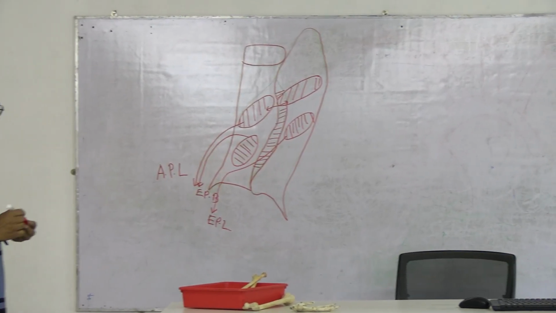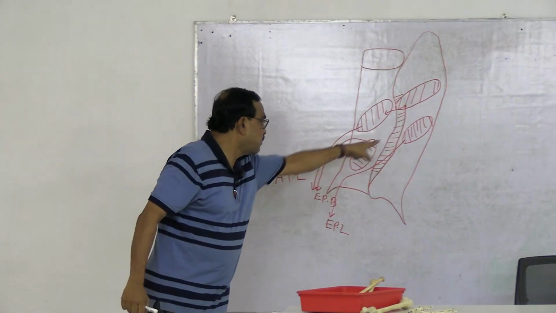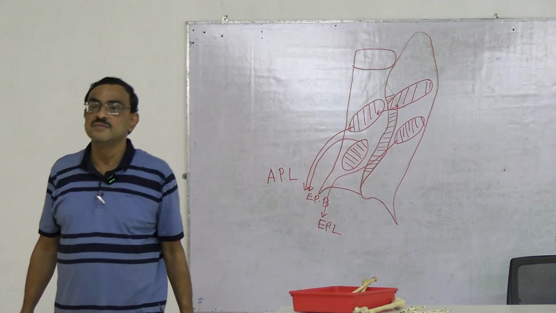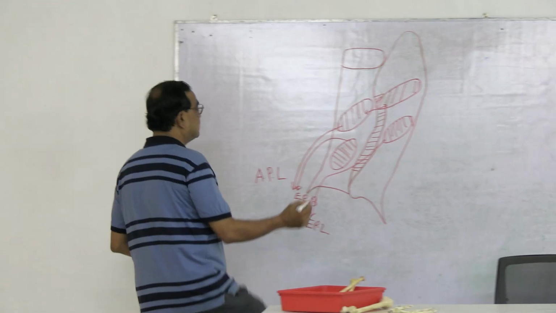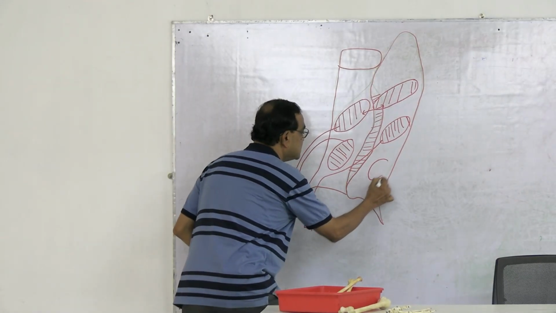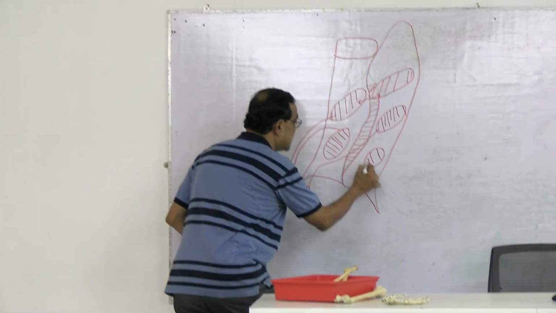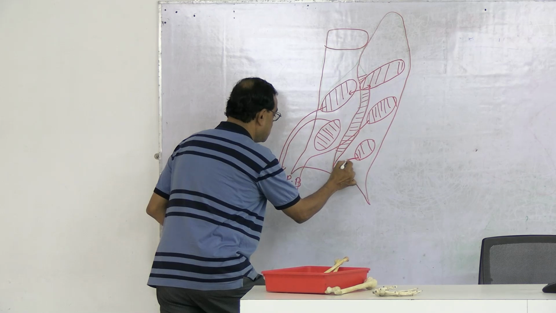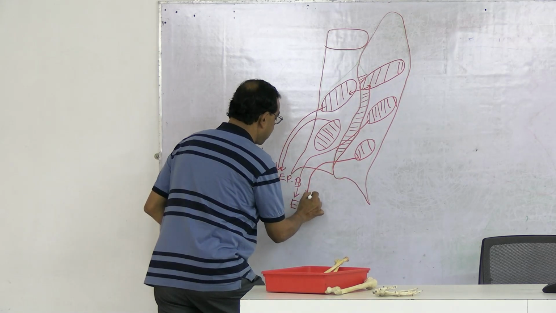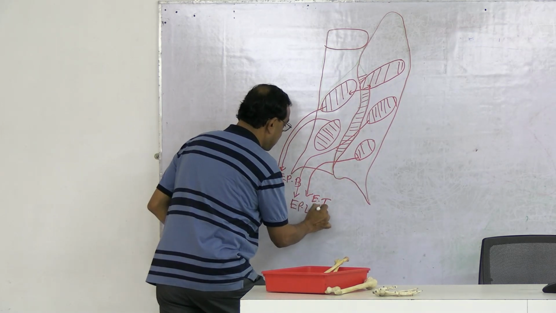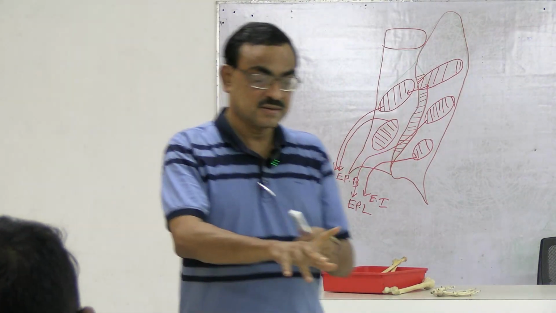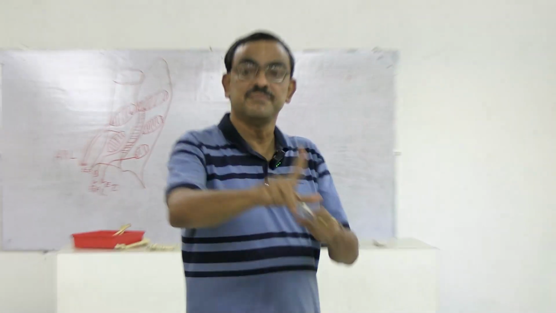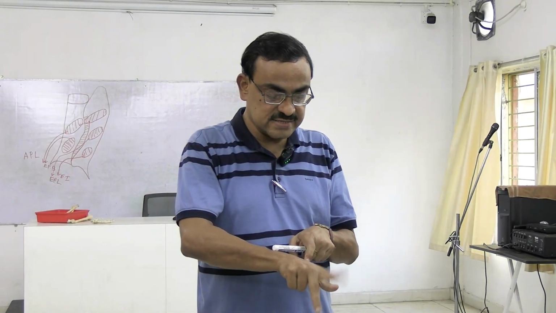So extensor pollicis longus is taking origin, and there is another muscle which is called extensor indicis, which causes extension of the index finger.